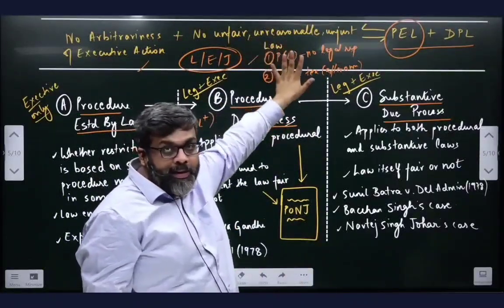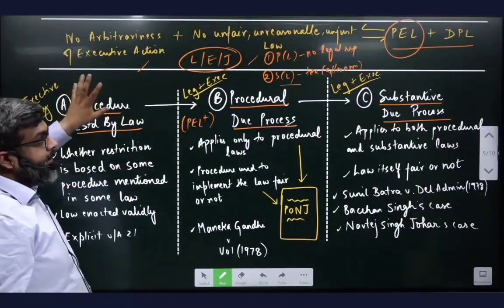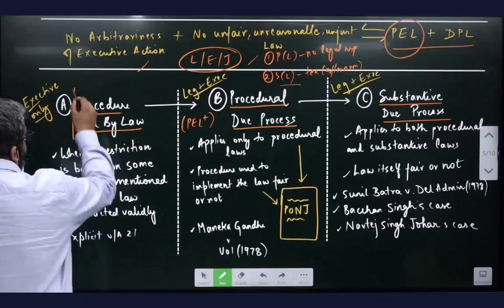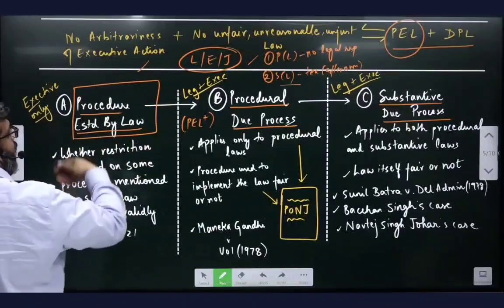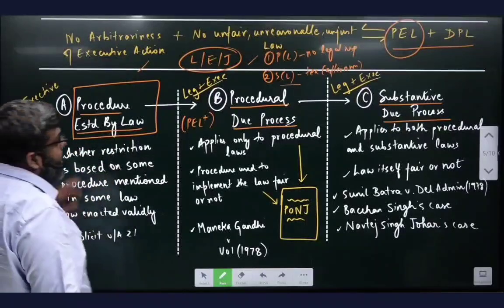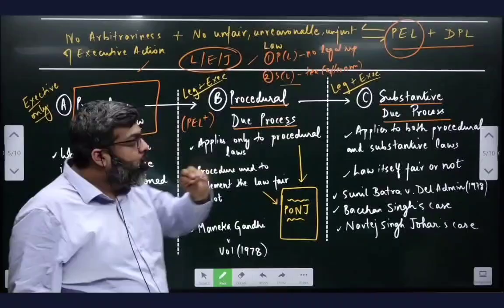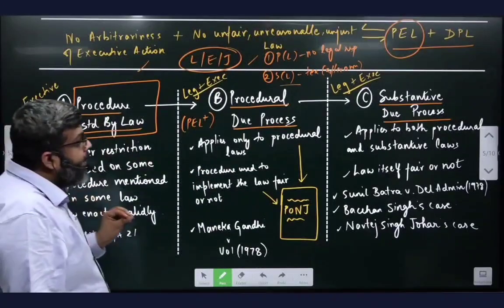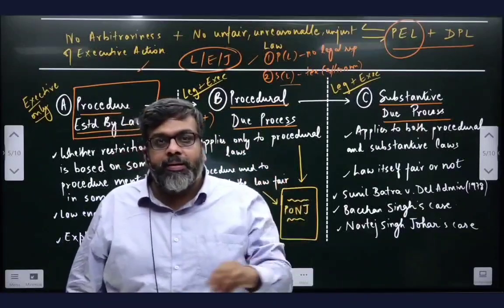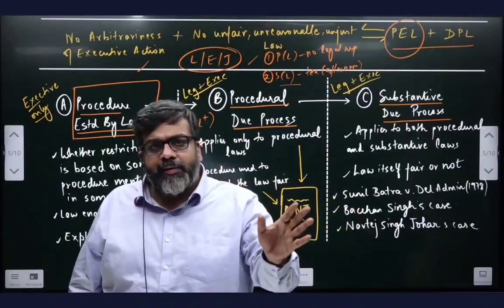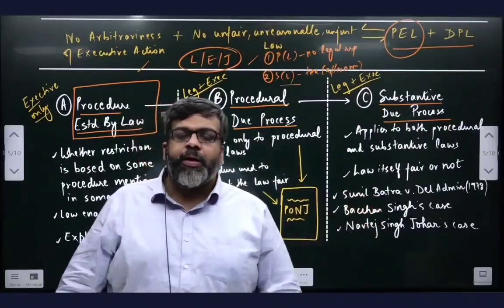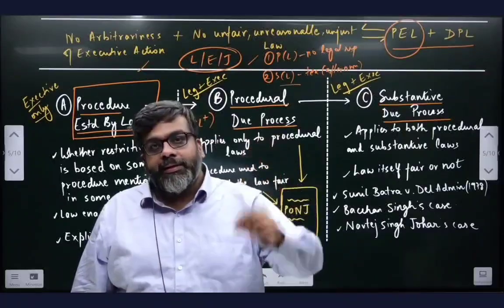Keep this in mind, and now let's understand the three basic versions of it. The first is the pure form. I call it pure due process or procedure established by law. This means whether both of these laws were passed in the right manner, no matter what is inside the law. If the law is passed in the right manner, both the houses passed it, the president gave the assent, it was published properly in the gazette, all procedures taken care of, it doesn't matter what is inside the law.